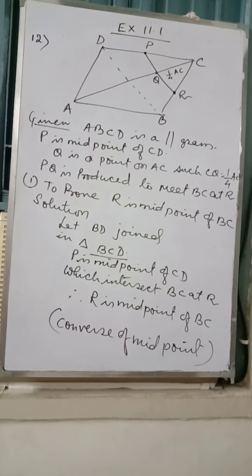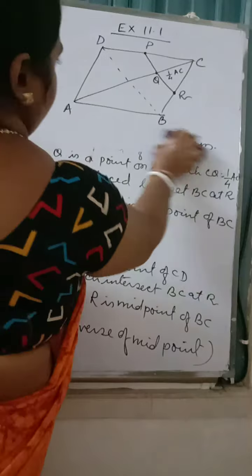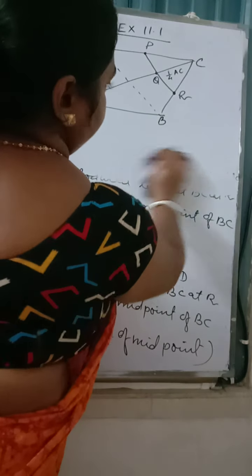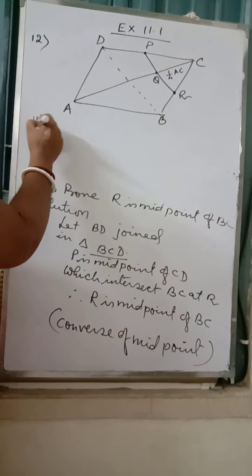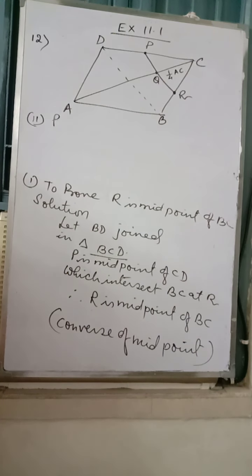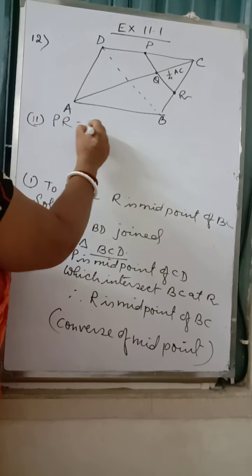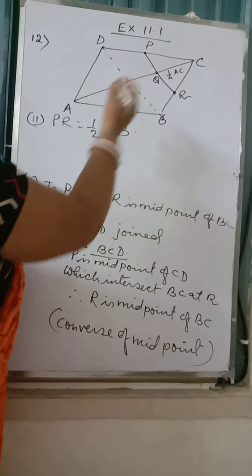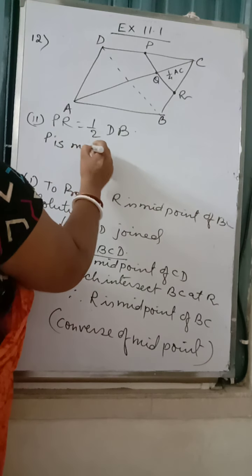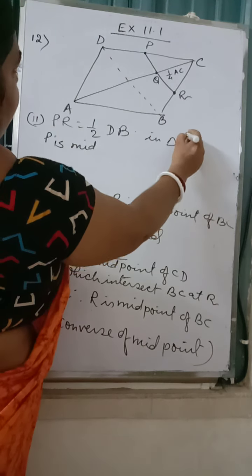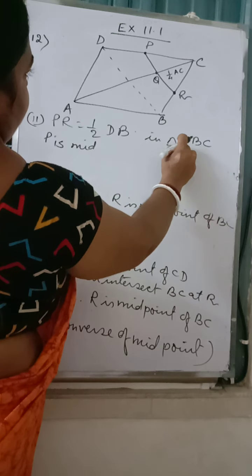Now again, the second part says PR is equal to half DB. Number 2, PR is equal to 1 by 2 DB. P is a midpoint in triangle DBC.